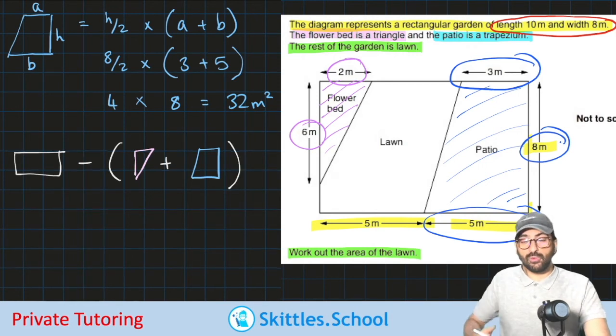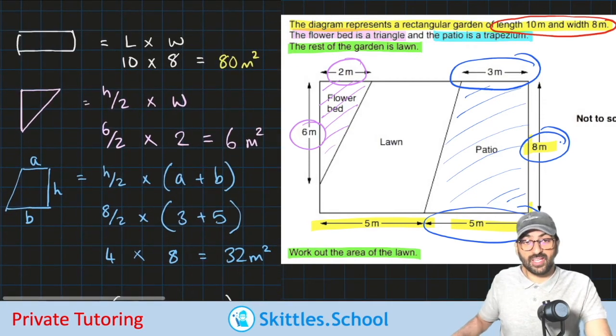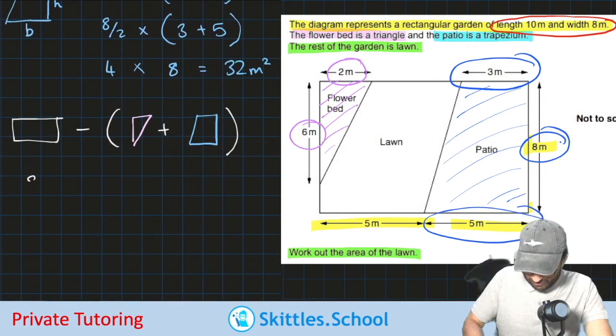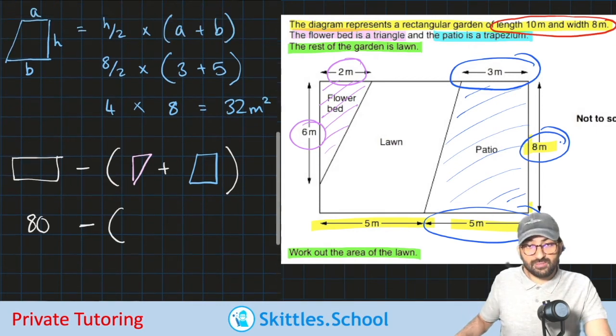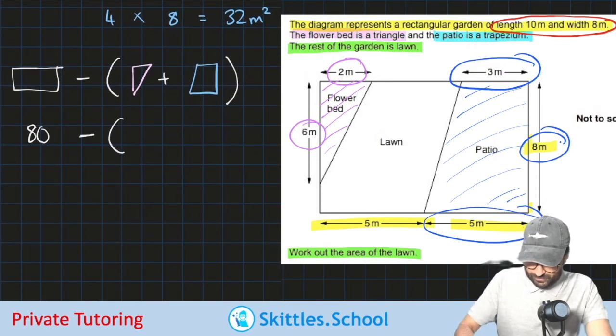And we've worked all these numbers out. We know the area of the rectangle is 80 meters squared. So let's write that down, 80. What about the flower bed, the triangle? Well, that's 6. We've worked that out already. And the area of the patio is 32.